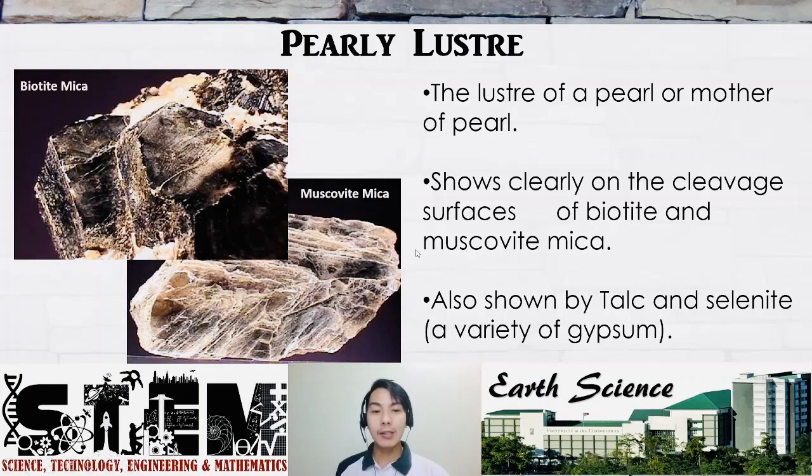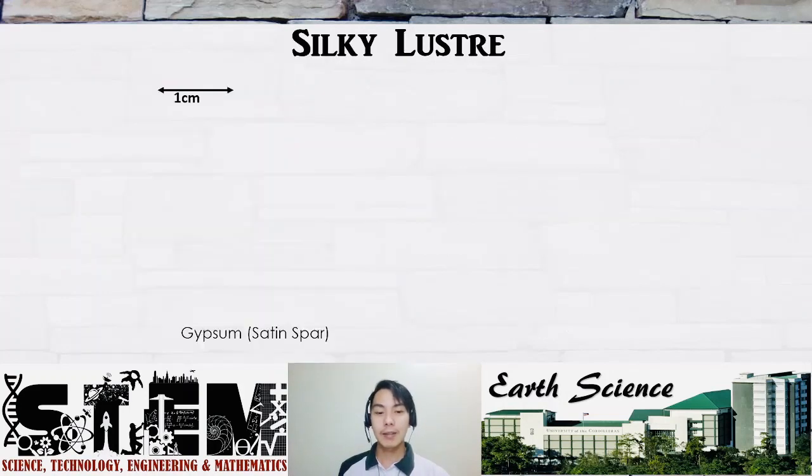It's also shown by talc and selenite, which is a variety of gypsum. From these samples, the parts that look like pearl, the white parts in the cleavages, are pearly luster.